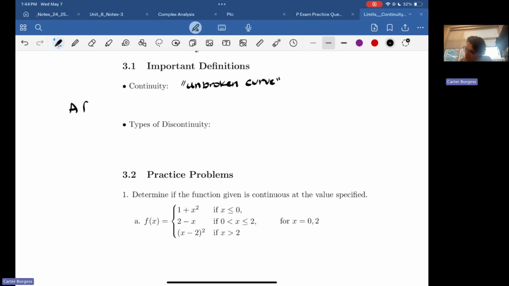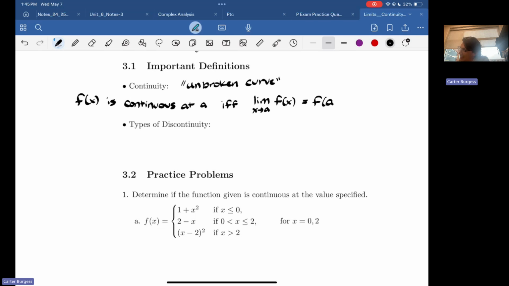So rather than a function, we'll say f of x is continuous at a if and only if the limit as x approaches a of f of x matches what we get when we just plug a into our function.